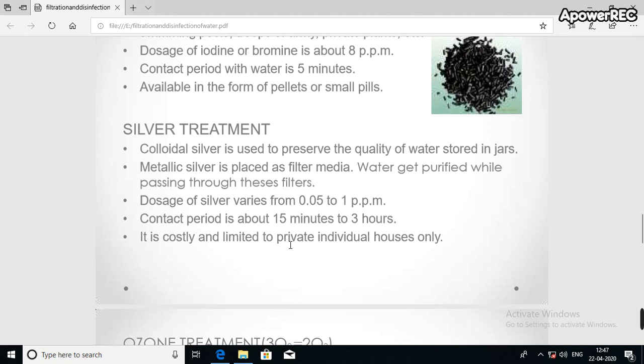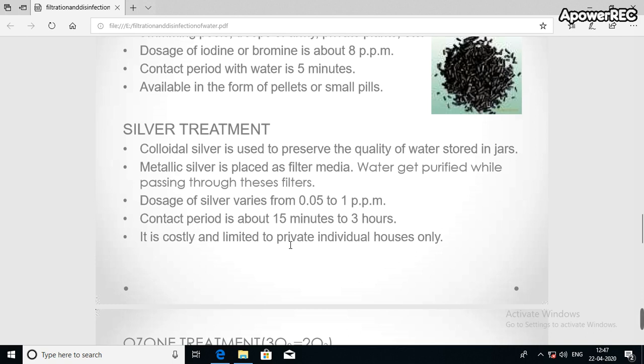Then the silver treatment, obviously a very useful method from ancient India. We have heard from our childhood that when newborn babies can take food, the food is generally given to them with the help of a silver spoon.